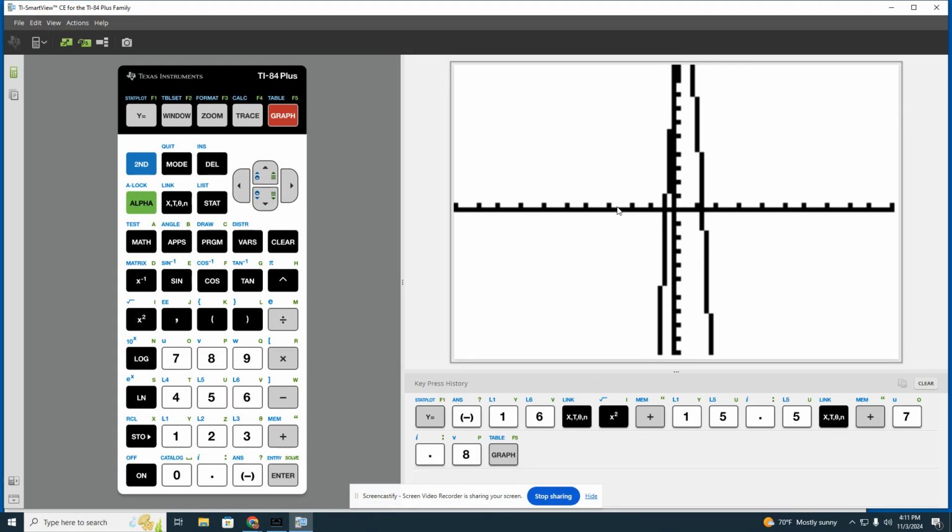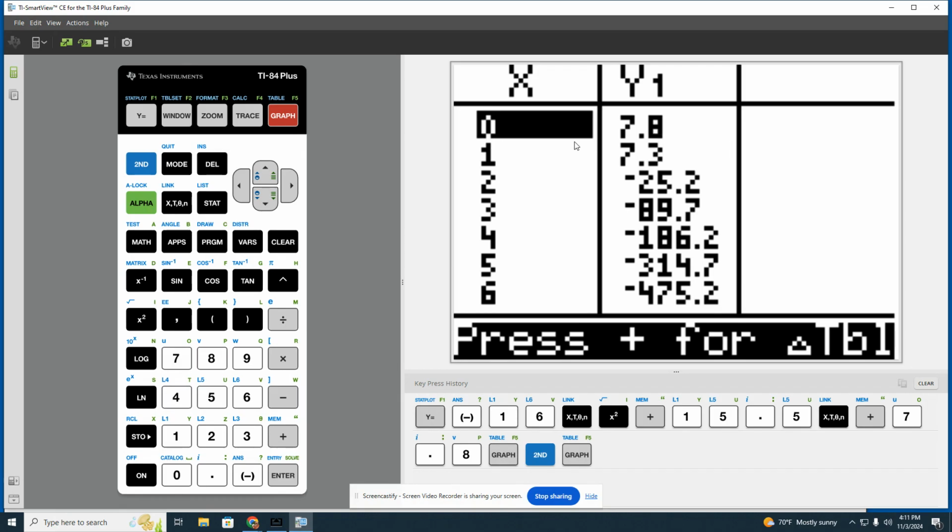Left, right? I don't go anywhere. I go 0 left and right. So my x is 0, my y is 7.8. Let me show you this in the table. Go to second table, and here we see at 0 x, the y-axis, it's crossing at 7.8.